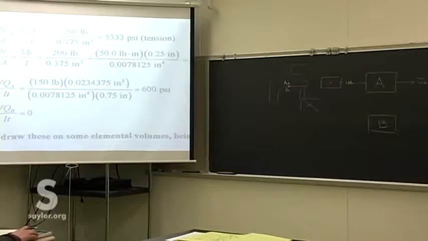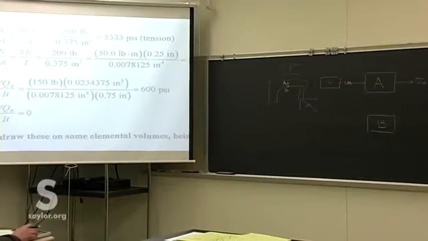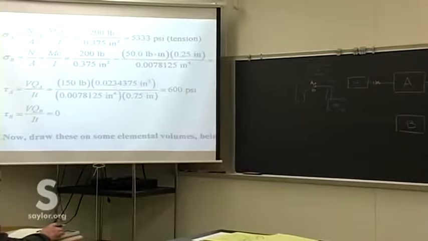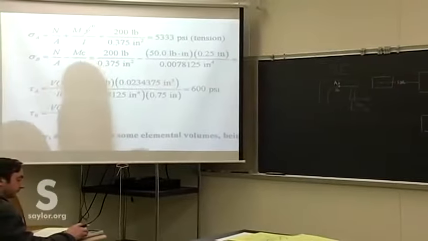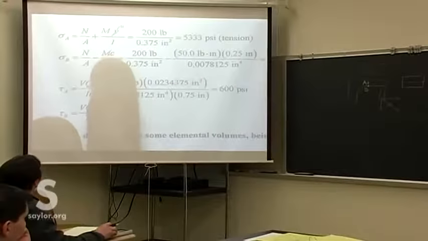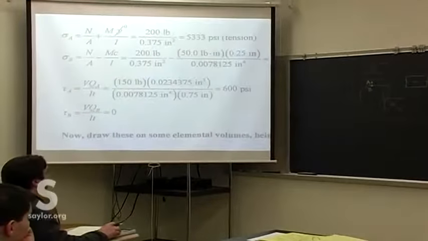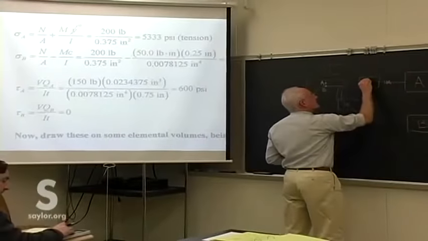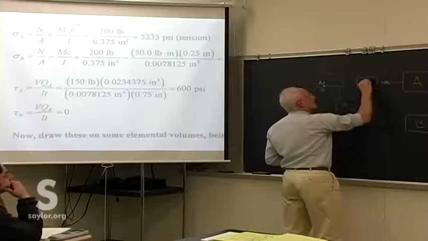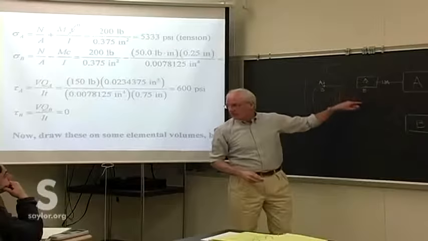It's a little bit variant across the cross section, but we already looked at the fact it doesn't cause that much trouble. And then the Mc over I is, it's c because point B is at the bottom point on the cross section, all the way down here, which is the farthest away point.